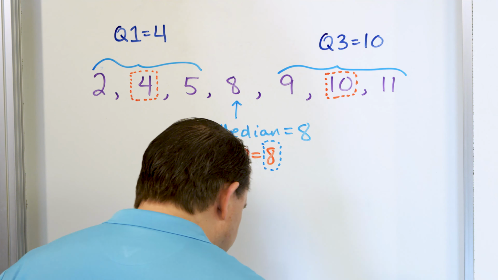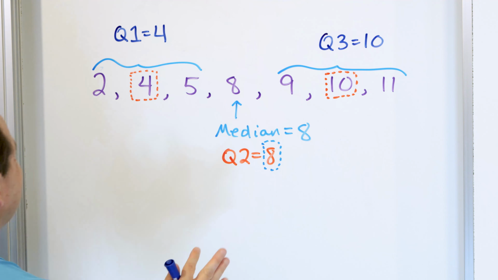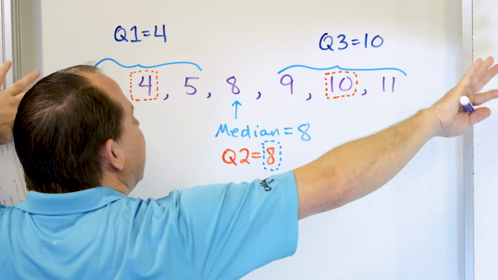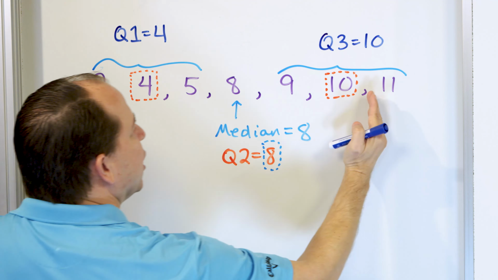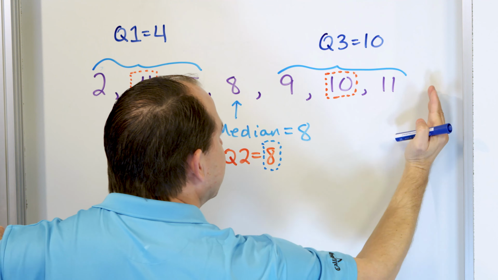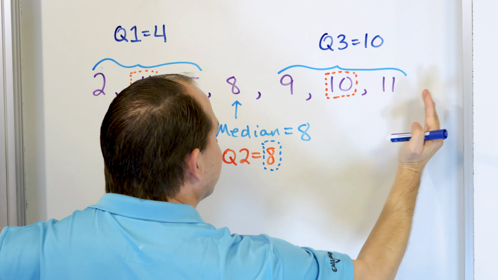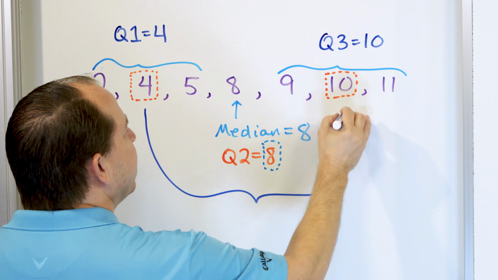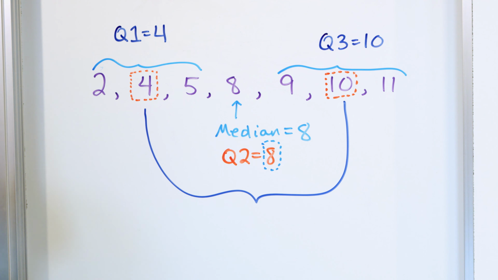Now, why do we talk about all this? Because we said we want to find the range, but by ignoring the upper 25%, which is just the number 11, and the lower 25%, which is the number 2. So we say, all right, we're going to go between this number and this number, and we're going to find the range of that.